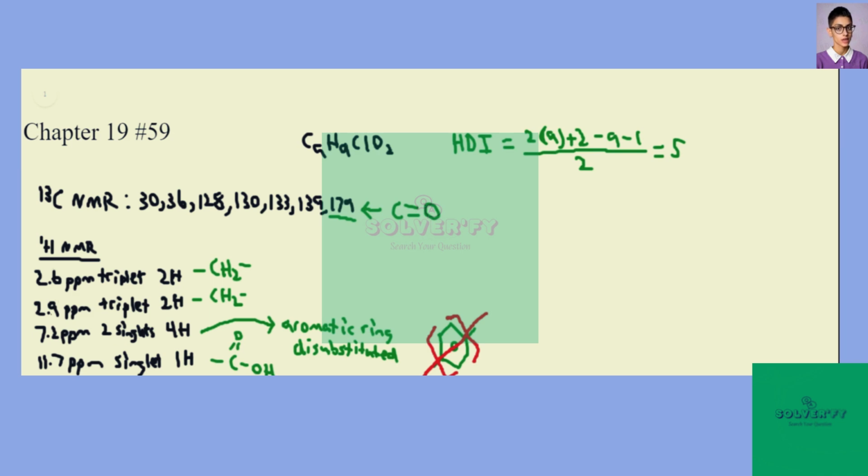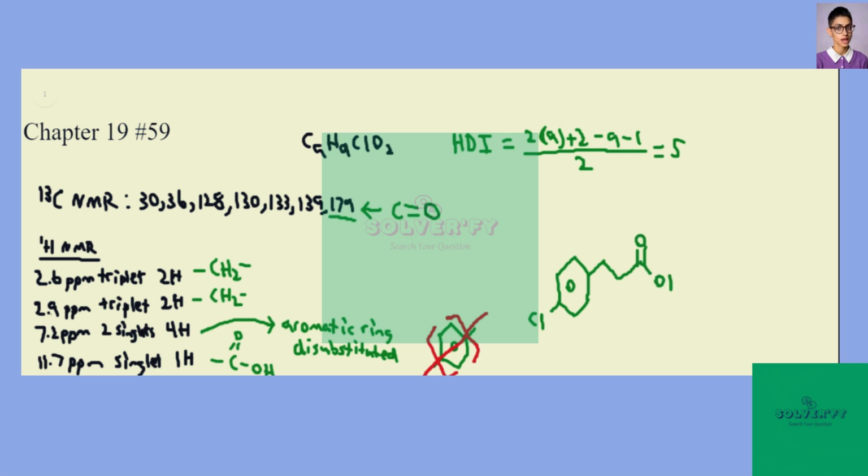And then we have a chlorine to account for. So I'm going to say that this is what we have in this molecule. So here's our chlorine. Then one methylene group, two methylene groups, and our carboxylic acid.